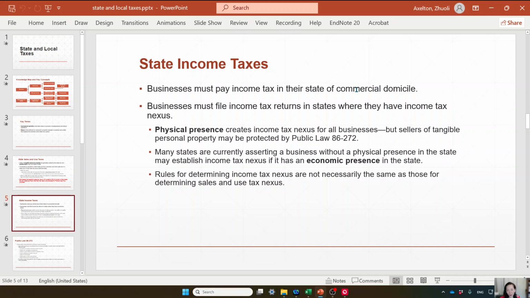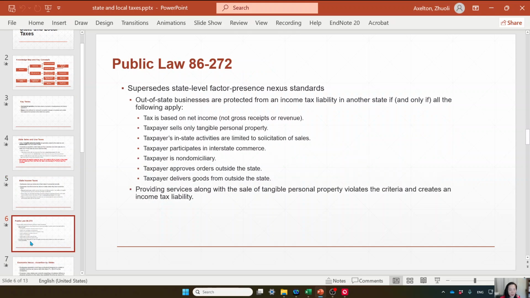Again, commercial domicile or income tax nexus establishes the tax jurisdiction over that state for the business. The public law basically supersedes state-level factor presence nexus standards, and basically provides an exception to the nexus rule.